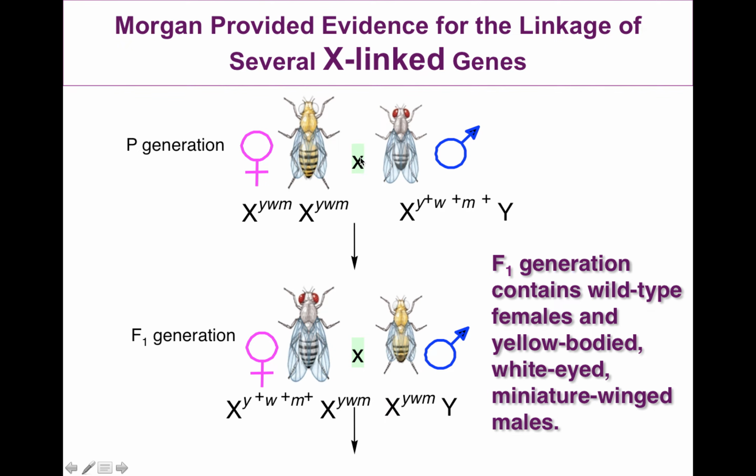And if we cross her to a wild-type male that has a gray body, red eye, and normal wings, we end up with not one single dominant phenotype, but we end up with a reversal of the sexes. So that now we have, in the F1 generation, males that resembled their mothers and females that resembled their fathers.